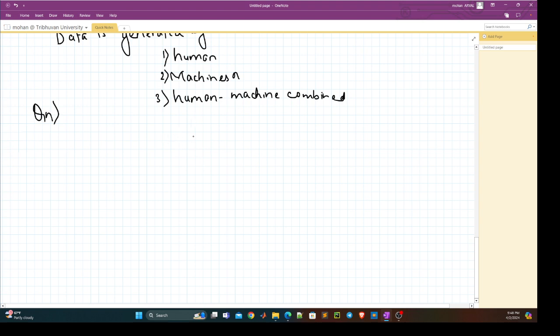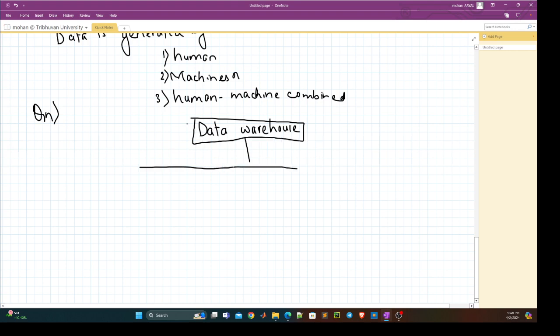There is a data warehouse, and from here there is something known as development of data product.